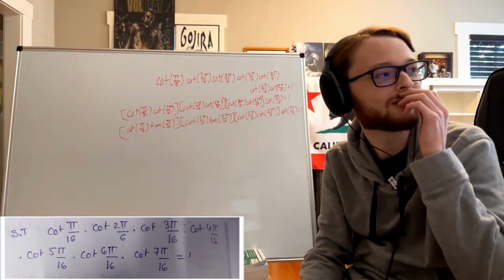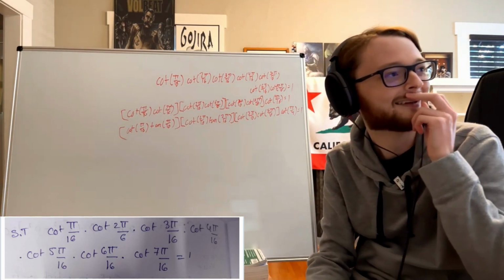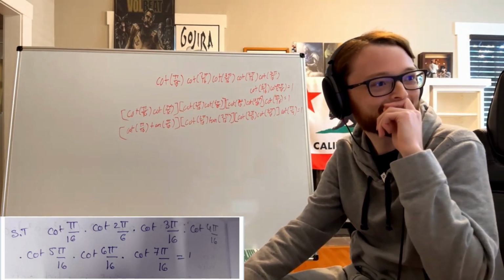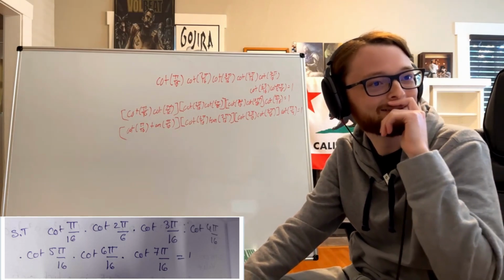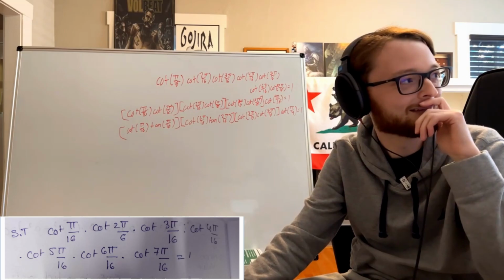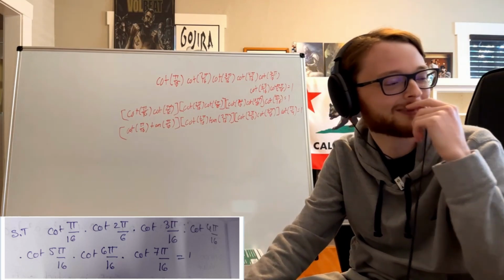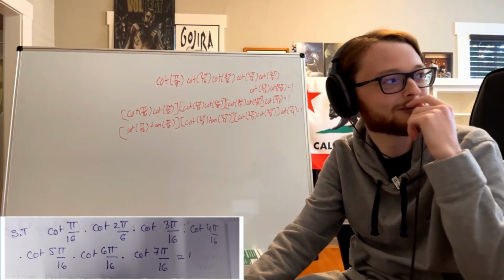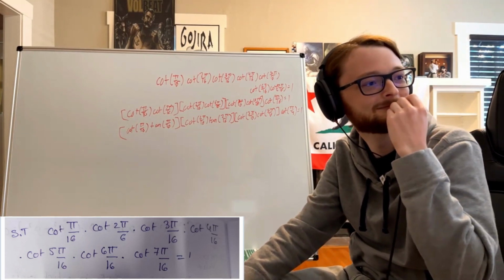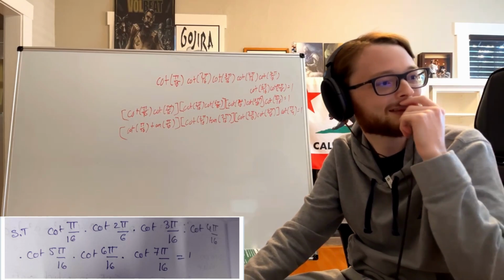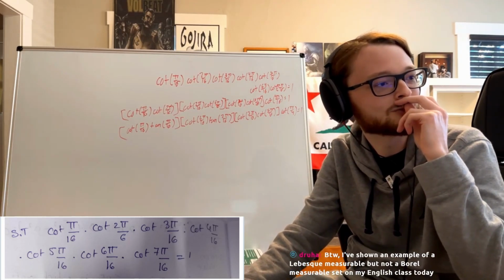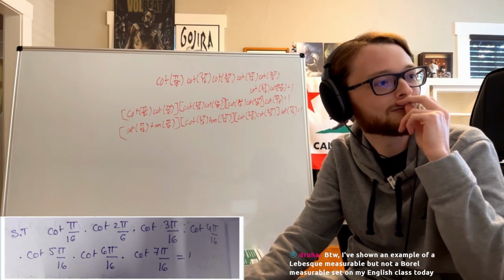The nerves are here but excited. Yeah, dude, at this stage in my life, I wouldn't want a kid, and I can't imagine the emotions you go through, I guess, especially as it gets closer and closer. It's an example of a Lebesgue measurable but not a Borel measurable set on your English class today.